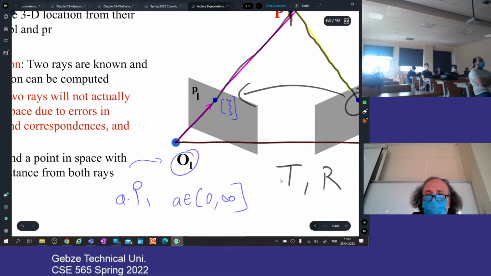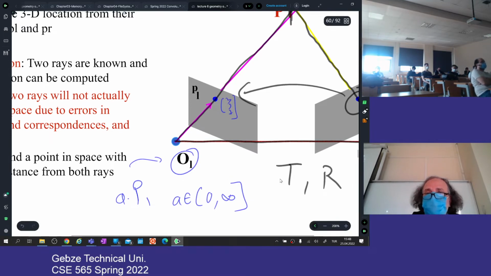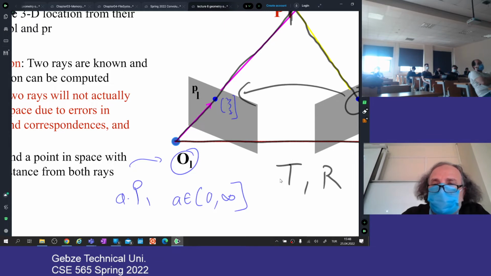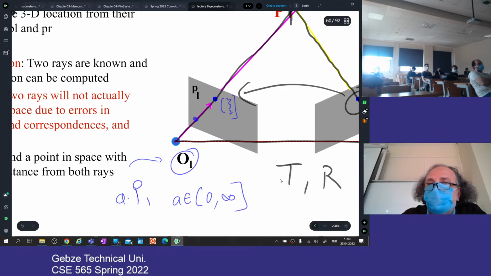What if A is 1? If A is 1, you would get PL, right? How about A is 0.5? You would get this point, right? If A is 2, you would get this point and that point, right? So this is a line formula actually.